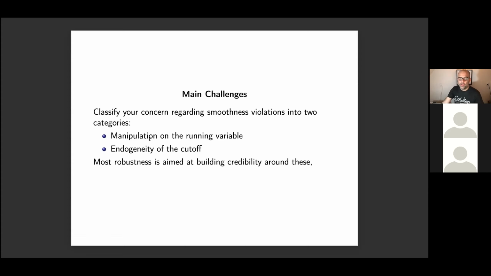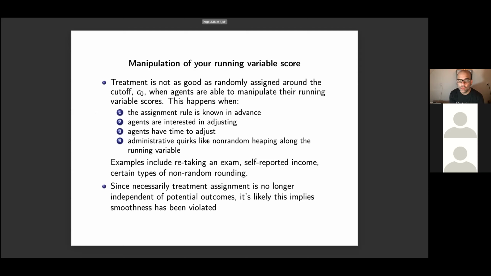So basically, both of these can be thought of as violating smoothness, but for different reasons. All right, so let's look at the manipulation of the running variable.